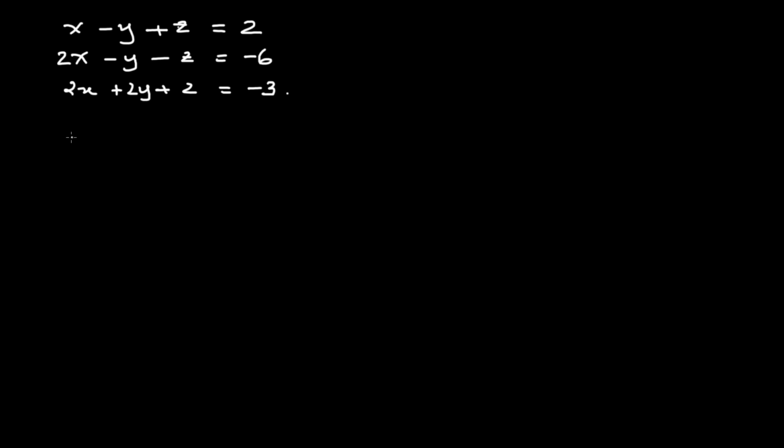Okay, so we said that this has got a few steps. The first step is you create a matrix of cofactors. Then the second step is you get the determinant from the matrix of cofactors. Then the third step is you get the adjoint.